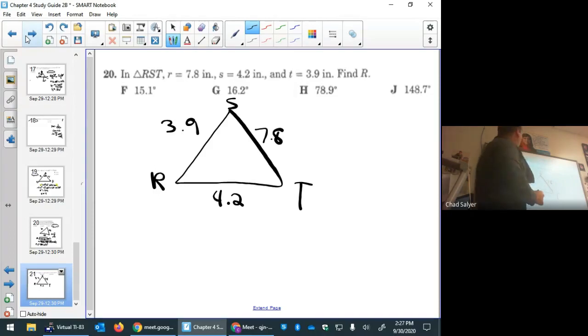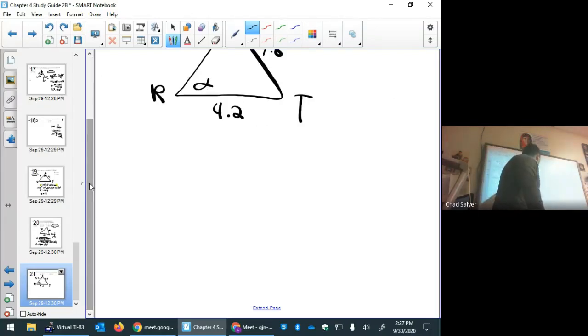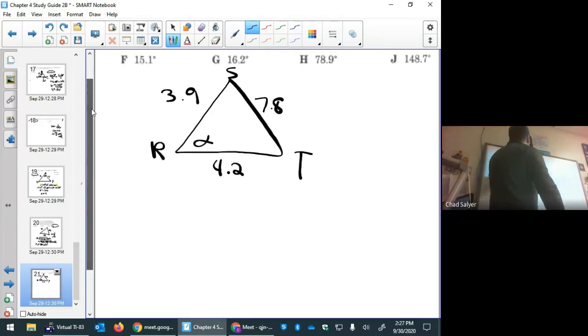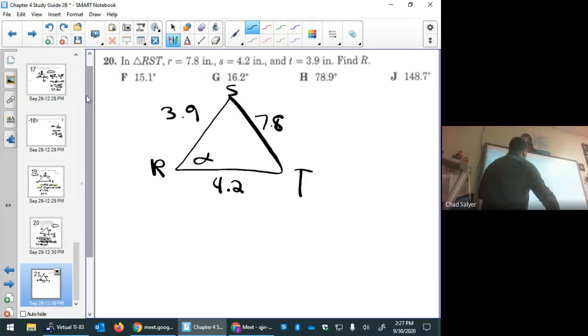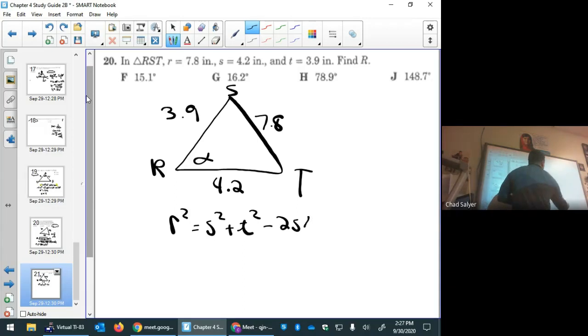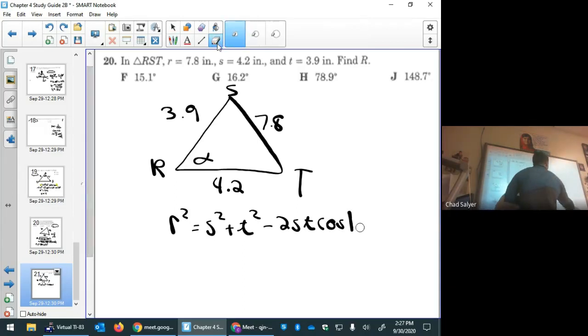Find the angle R. So this is the angle we want to figure out. We're going to do that using, once again, that good old law of cosines. So we're going to use this one. R squared equals, and then it's going to be S squared plus T squared minus 2ST cosine R.